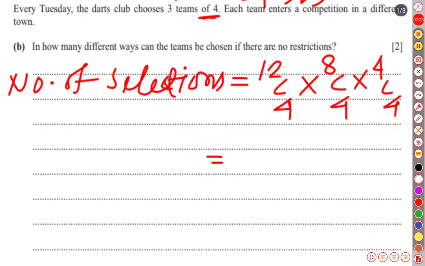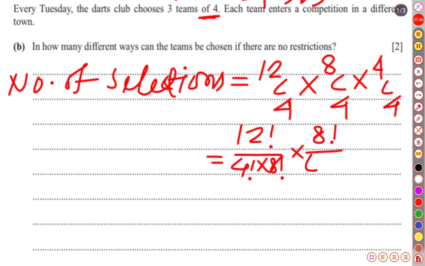So we write 12 factorial over 4 factorial into 8 factorial, the first quantity. Then the second one is 8 factorial over 4 factorial into 4 factorial, into 4 choose 4, which is actually 1. If an equal number of members or objects is chosen from the total, it is 1.